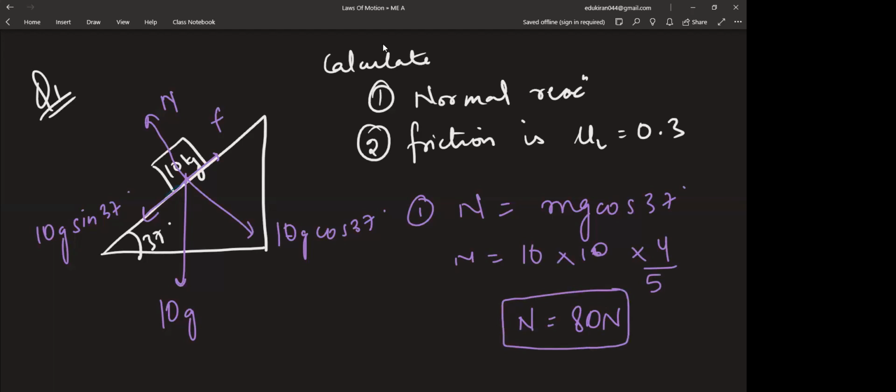Normal reaction 78.4, so this is using 9.8, Shaima? Yes, so that is the exact correct answer, because it wasn't mentioned anywhere to take g as 10. Coefficient of friction is 0.3.